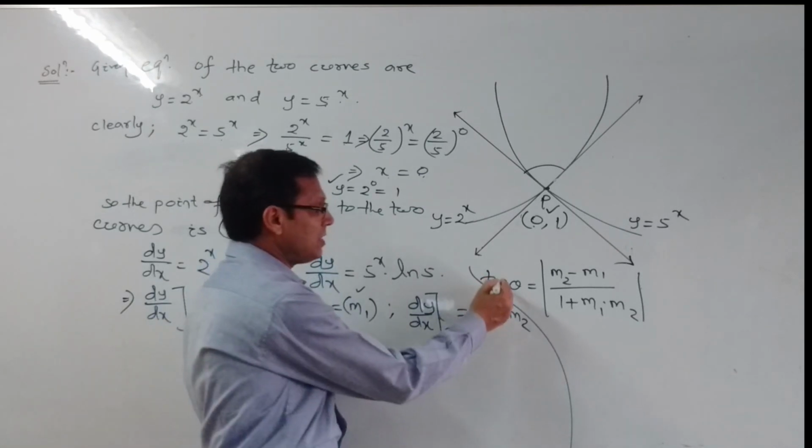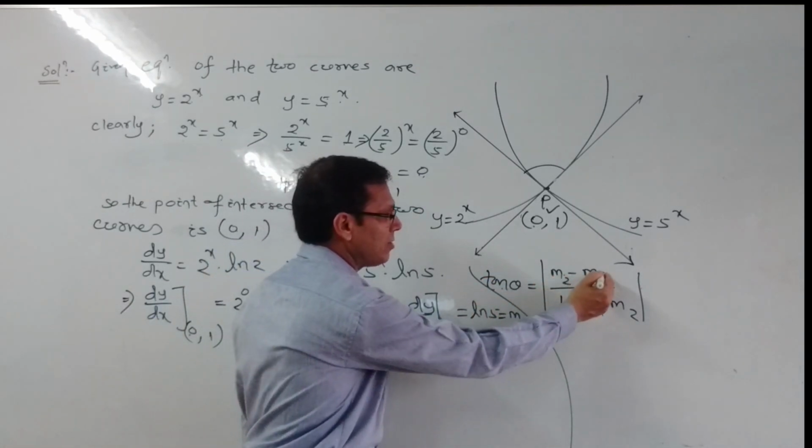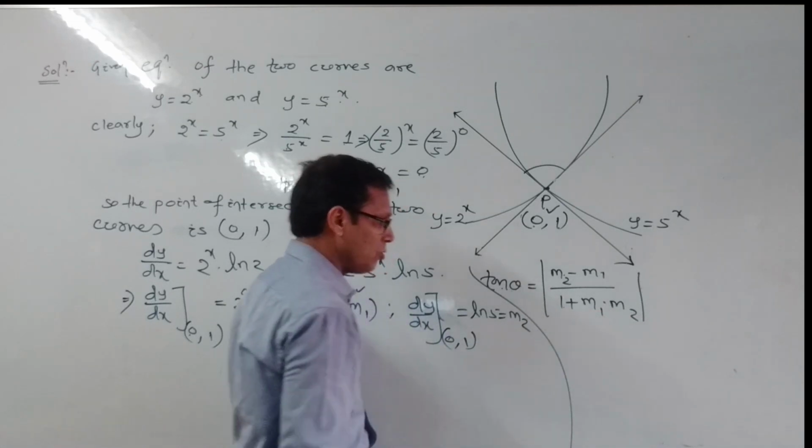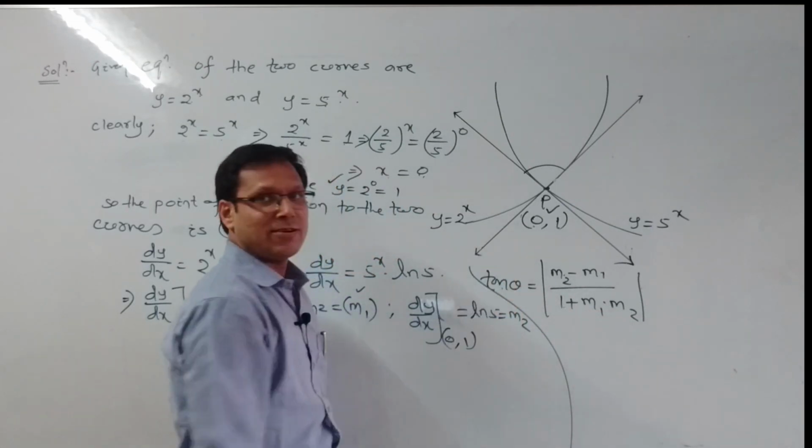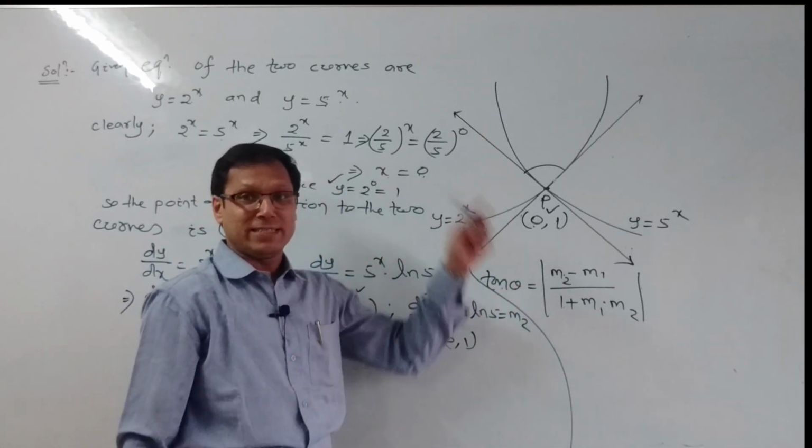Now, with the help of this formula, tan θ = (m2 − m1)/(1 + m1·m2), where θ is the angle between the two tangents.